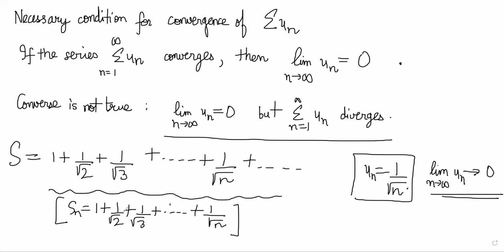You have to figure that out. So to check whether the series converges, we have to check the limit n tends to infinity of Sn. For this part, we have to realize what is happening when limit n tends to infinity.